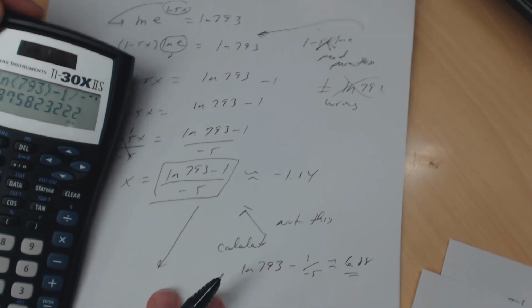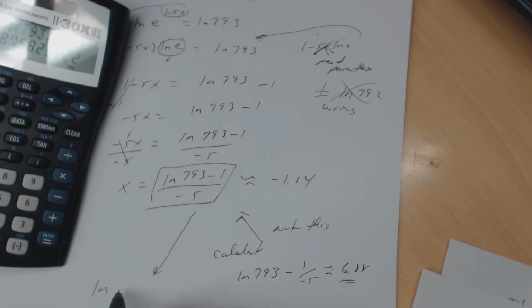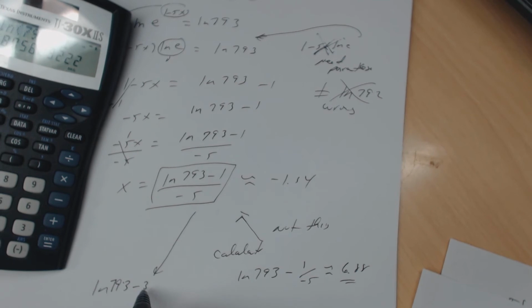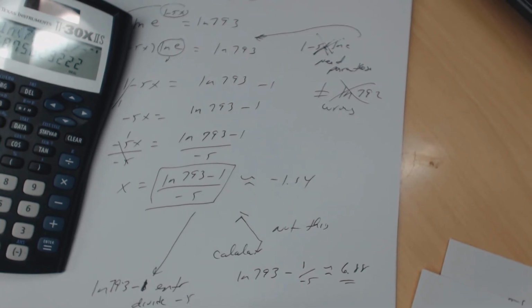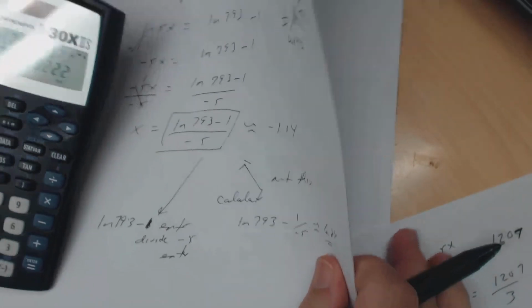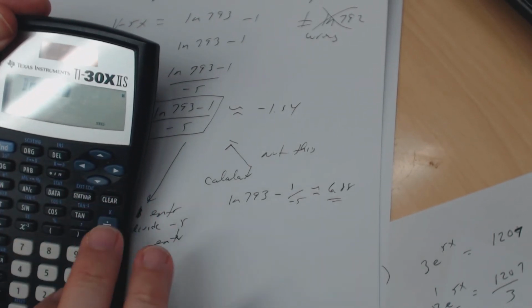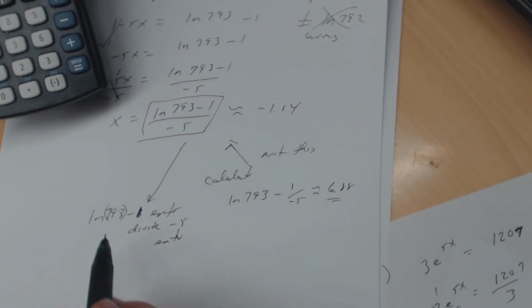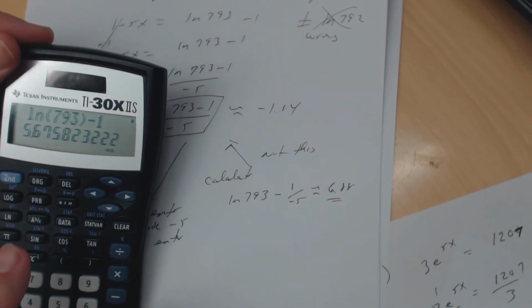This is this. So in your calculator, you're going to say natural log of 793, close the parentheses, subtract 1, press equal, so that's your numerator.